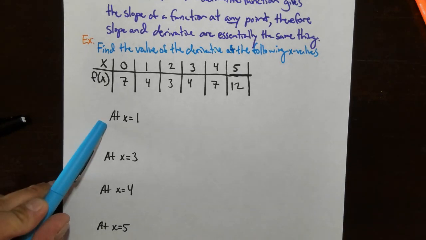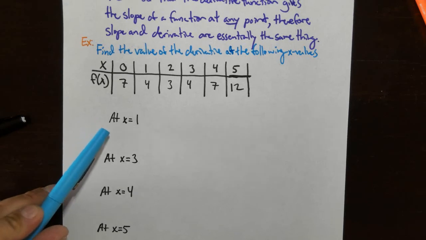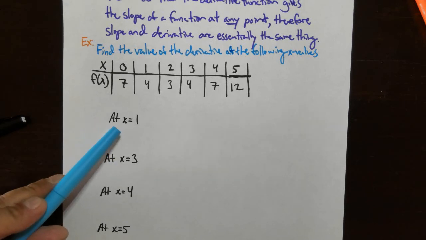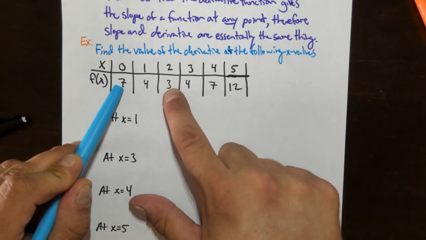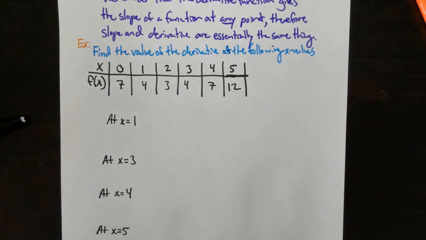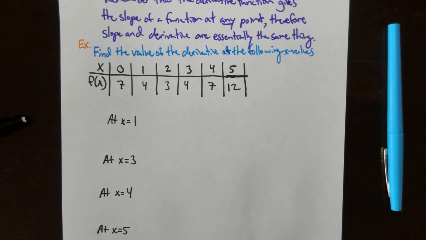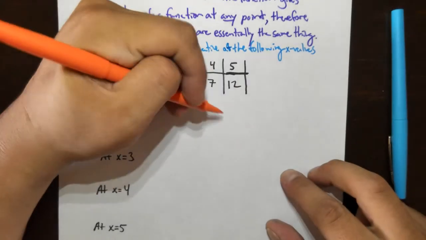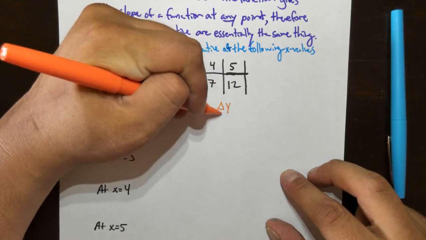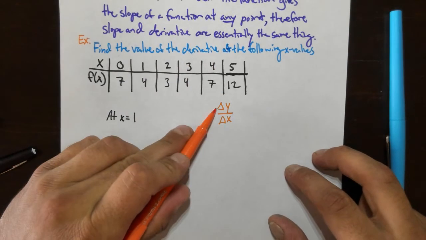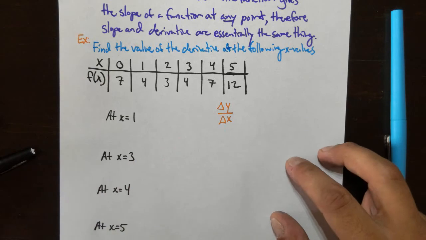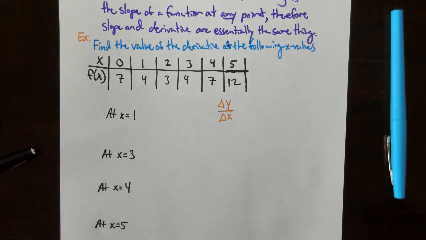So this is what you want to do. If we're asked, what is the slope at x equals 1? We want to look at the points to the left of it and to the right of it. And remember what the slope is. It's the change in y over the change in x. If you're unfamiliar with this little triangle, it's delta. It just represents the change of.